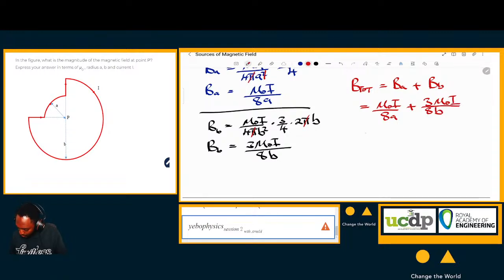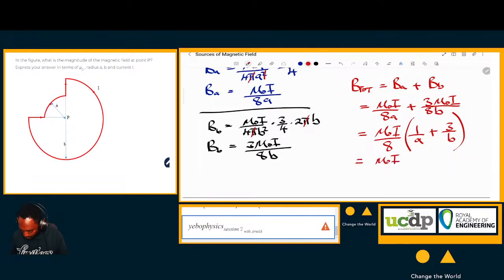Okay, so you can factor out mu naught I over 8, remain with 1 over A plus 3 over B. Okay, so now you're just simplifying, right? So this will be mu naught I over 8. Our common denominator there is going to be ab, remain with b.